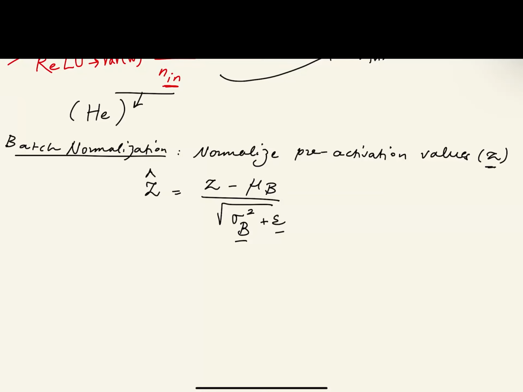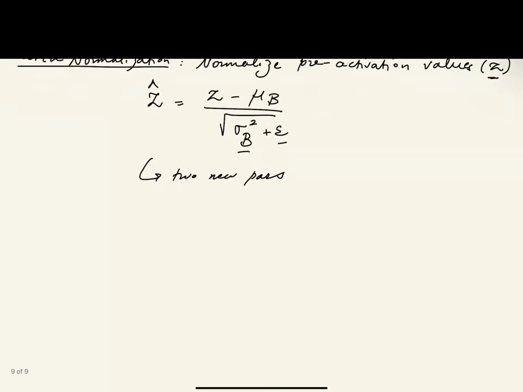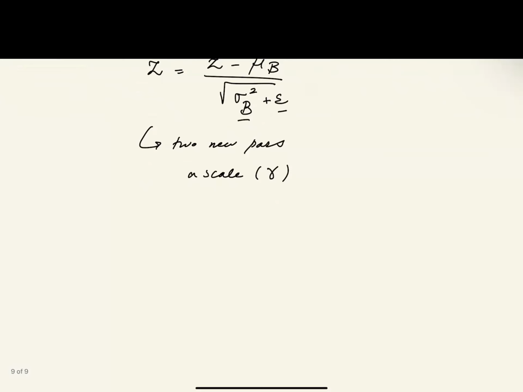So how can we resolve that? To solve this, the batch normalization layer basically learns two new parameters: a scale that we denote by gamma, and a shift denoted by beta.